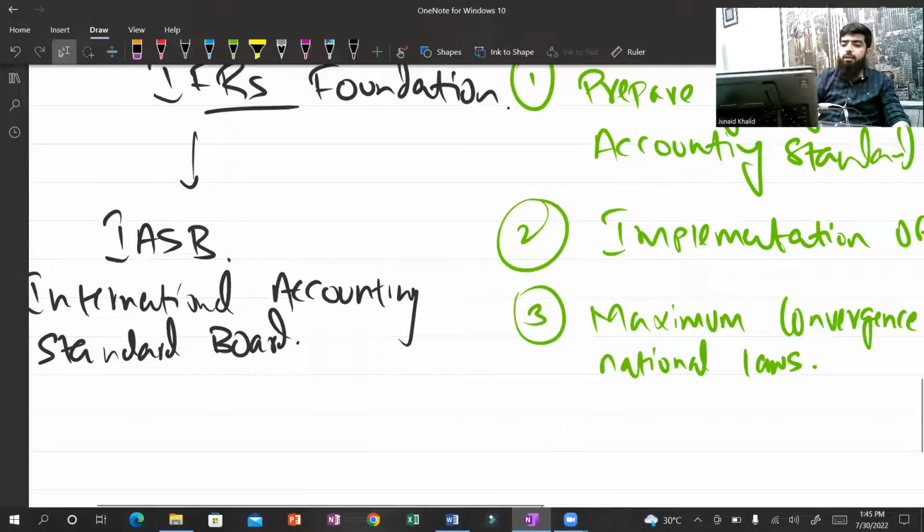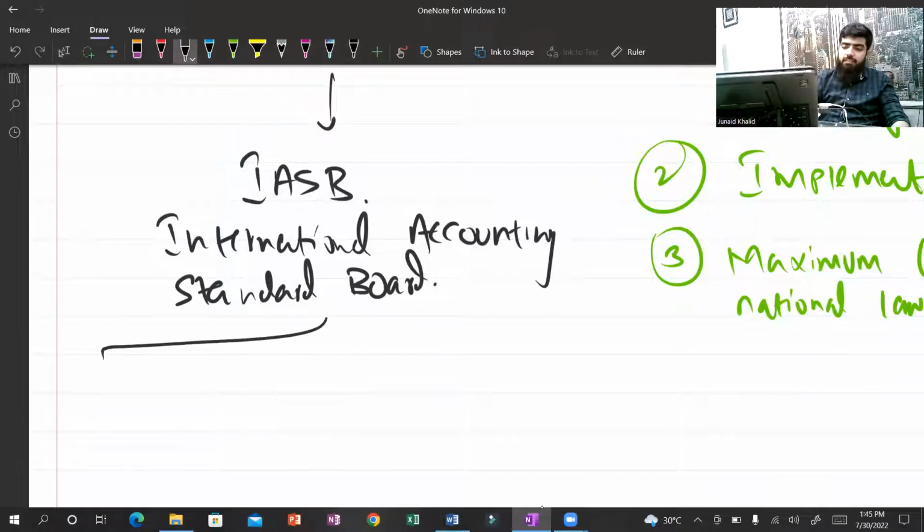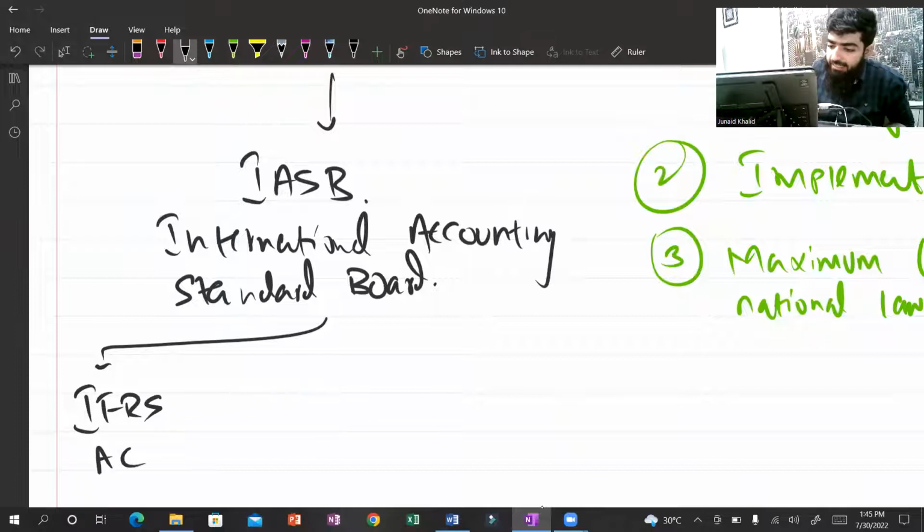Now, International Accounting Standard Board, IASB, has further sub-departments. Number one, the first department is IFRS AC. What is AC? I will discuss this one in detail.